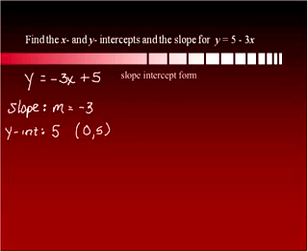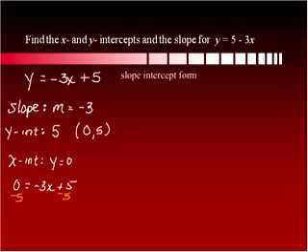And to find our x-intercept, we're going to do what we did on the last problem. We're going to make y equal to 0. So we'll have 0 equal to negative 3x plus 5. And now we have to solve this equation for x. So I'm going to subtract 5 from both sides. That will give me negative 5 equal to negative 3x.